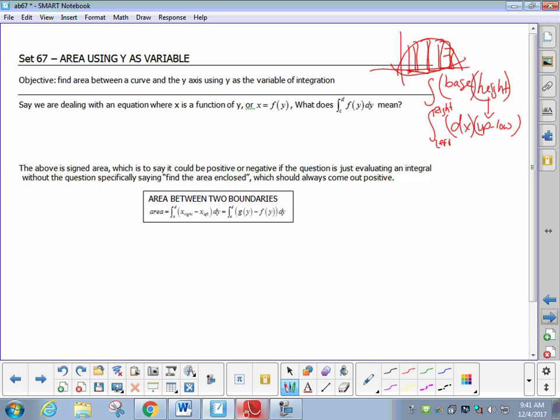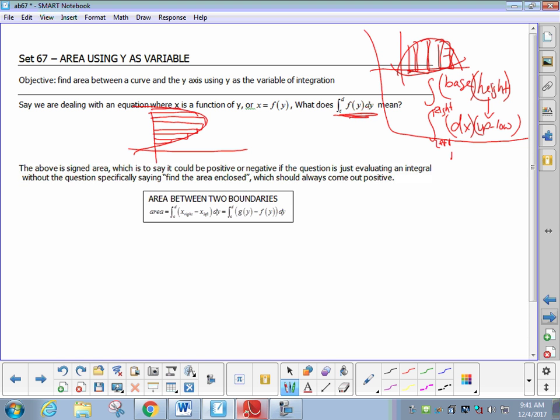Okay? Now today, you're going to do a little different. Today, you're going to look at an integral more like that. If you look at an integral in terms of y, then it's going to be rectangles going this way.